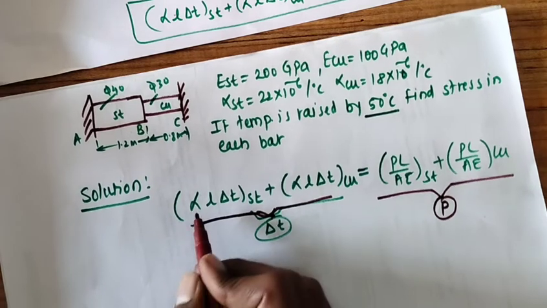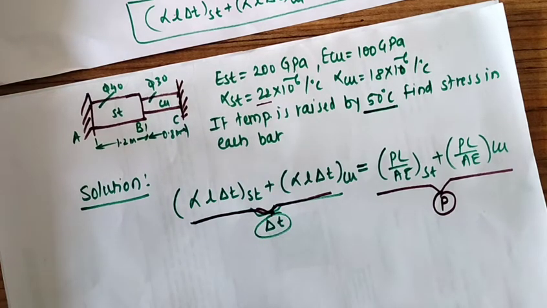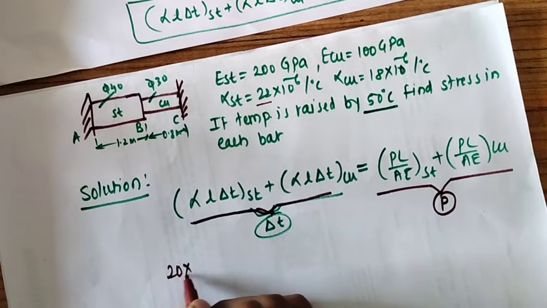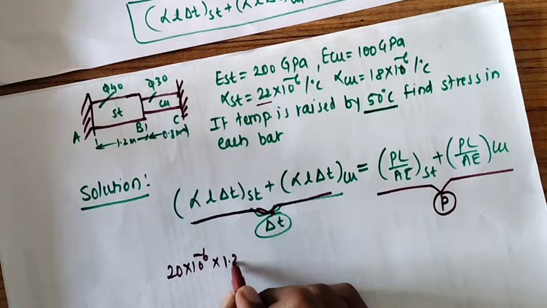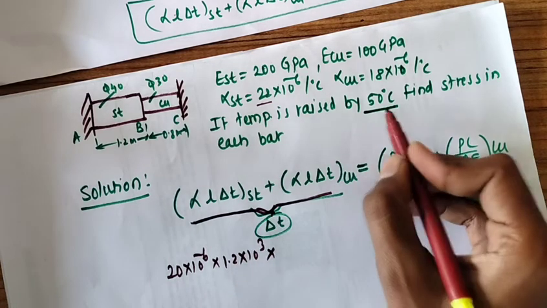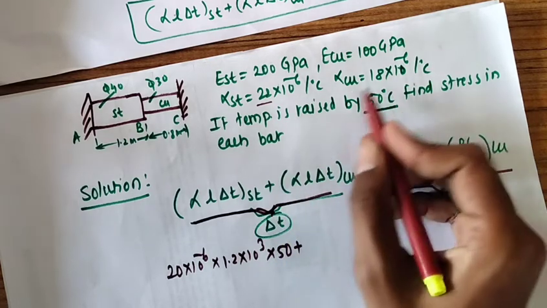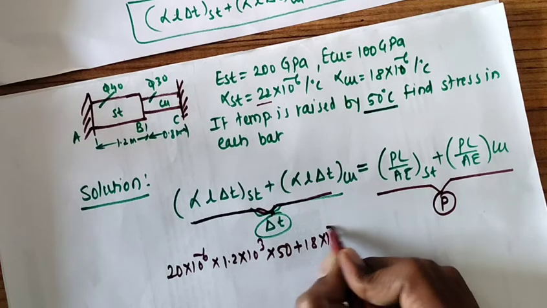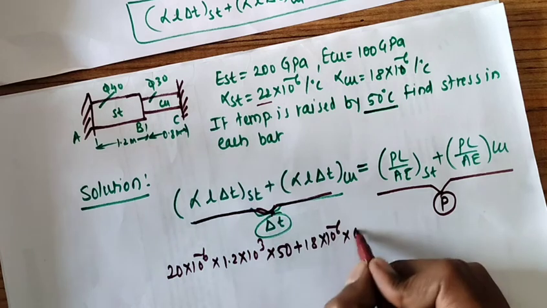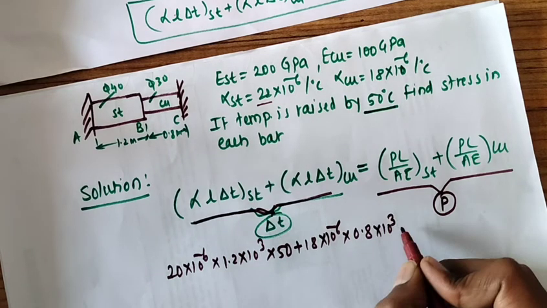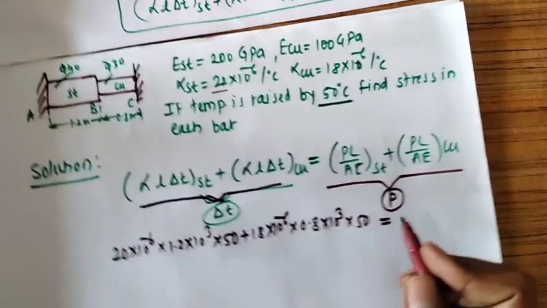Alpha values are given. So for steel it is 28 into 10 raised to minus 6 into L, length is 1.2 meter, so 1.2 into 10 raised to 3 into delta T is common, that is 50 degrees Celsius, into 50, plus alpha for copper is 18 into 10 raised to minus 6 into L is 0.8 meter, 0.8 into 10 raised to 3 into 50 is equal to this PL upon AE.